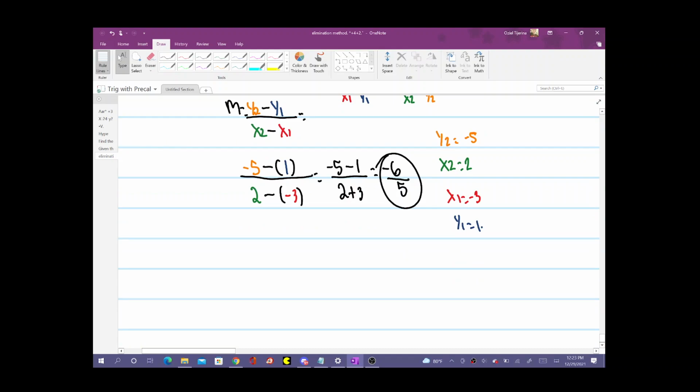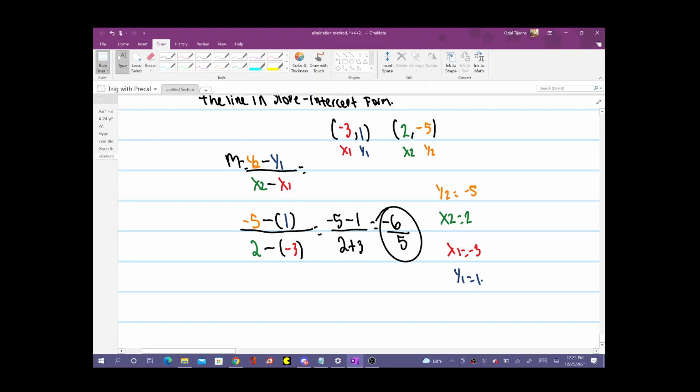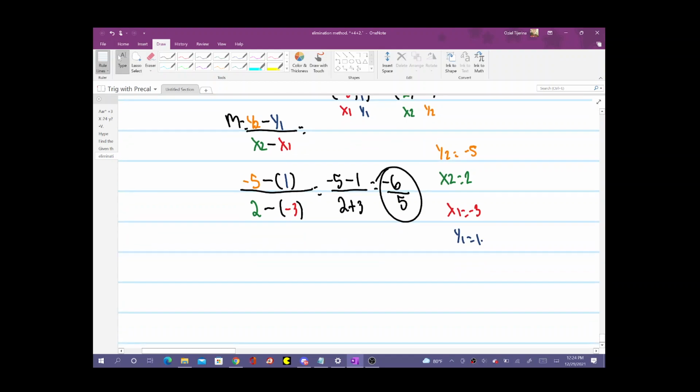Now we can use any of these 2 points to go from point slope form to slope intercept form, and I'm going to show you how to do that. Point slope form is y minus y1 equals m times the quantity x minus x1.